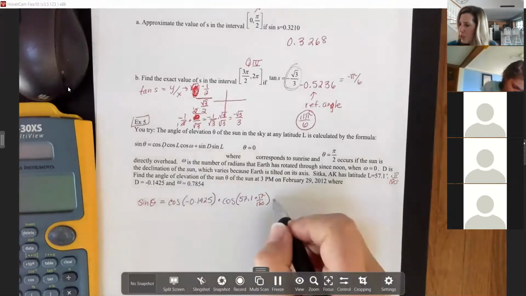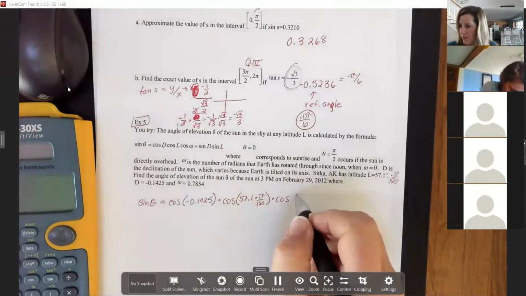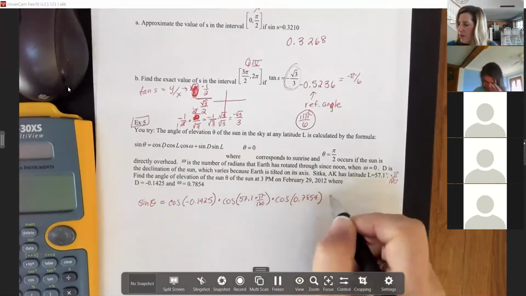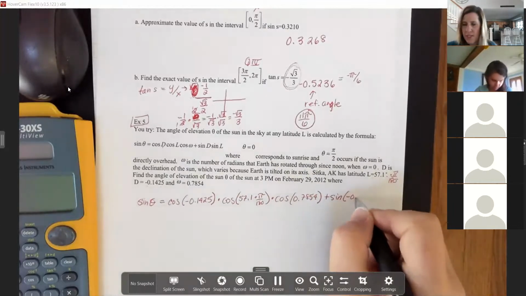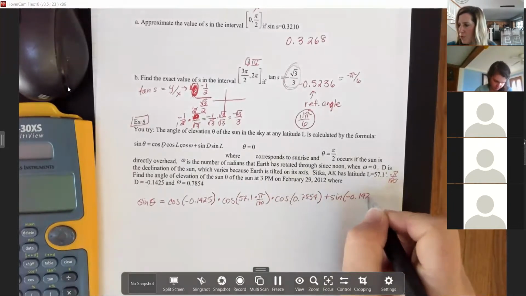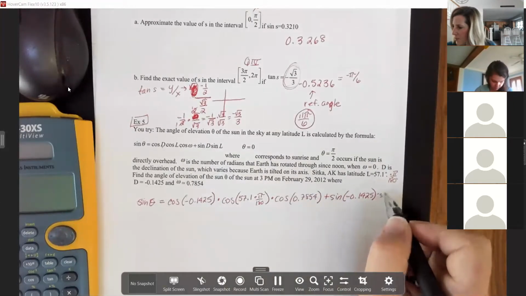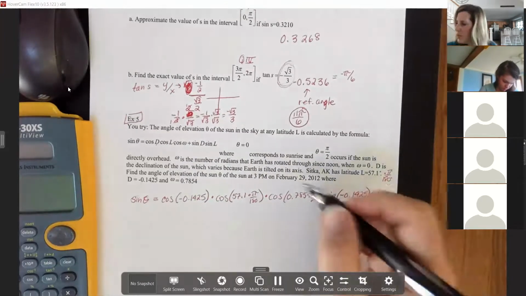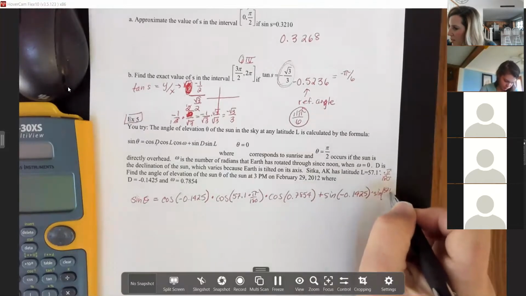Then it says times the cosine of omega, which is already given, 0.7854, plus the sine of D, again, D we were already given, 0.1425, times the sine of L, which is this, and I'm running out of space, I should have started, which is that 57.1 times pi over 180.